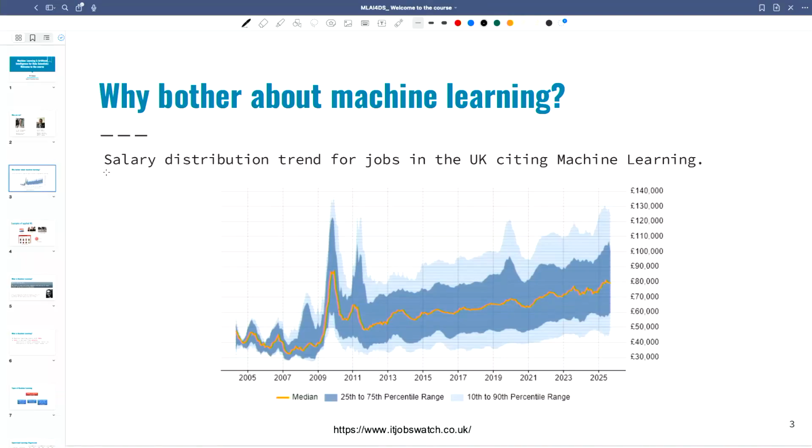A person with about 80,000 British pounds a year is just about the average. It's not a luxury salary. So you take it from there. If you become an expert, it's almost guaranteed that you're going to have a comfortable life, okay? That's the reward for whoever wants to excel in machine learning.